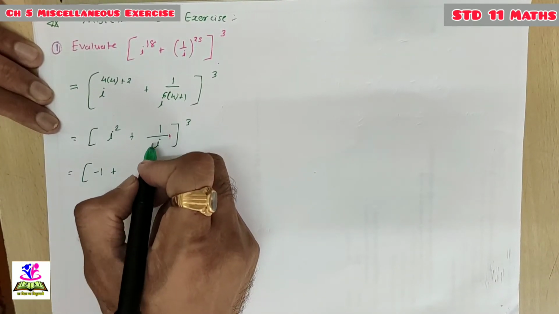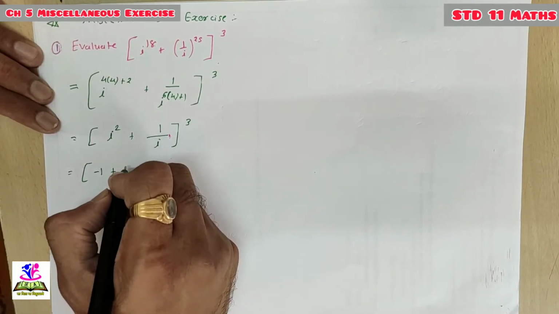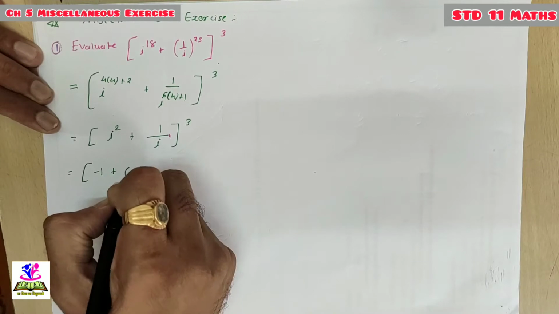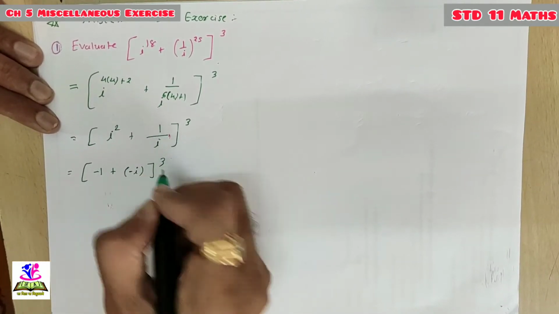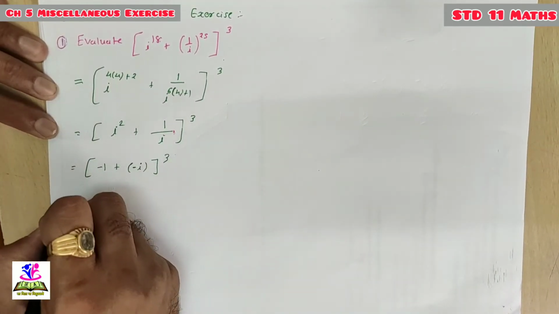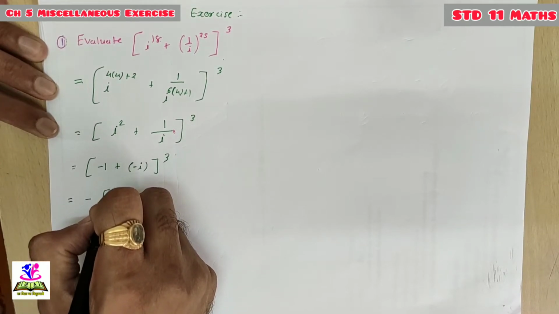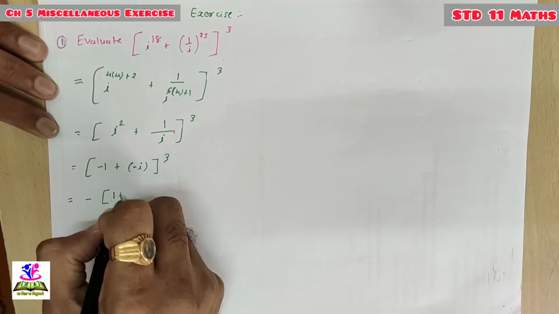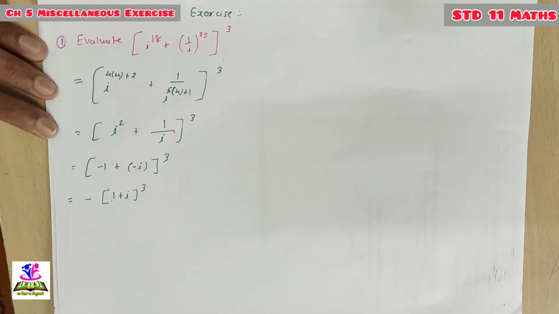Multiply and divide this 1 upon i with i, so we're getting i upon i square, which is minus i. 1 upon i is nothing but minus i, raised to 3. Done. Now here we are taking minus 1 common. So the remaining expression in the bracket will be (1 plus i) whole raised to 3.